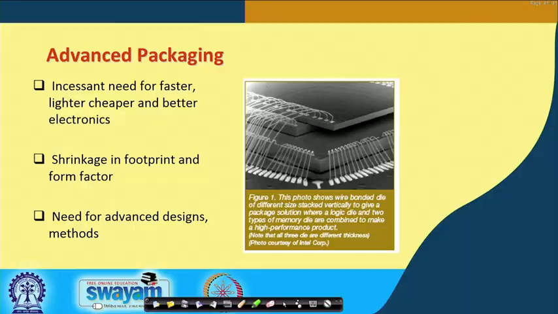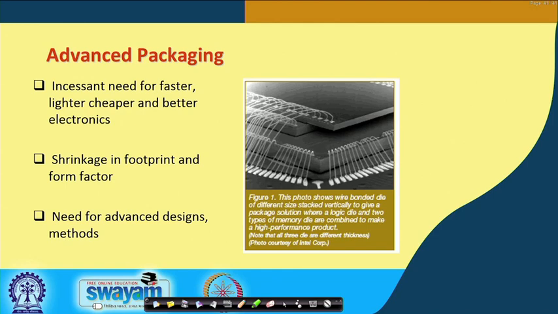Okay. So to start with, why is advanced packaging required today? All right. So there is an incessant, continuous need for faster, lighter, cheaper and better electronics. Okay. And primarily many of the advanced packaging that we are going to see today is due to the second reason, which is shrinkage in footprint and form factor.